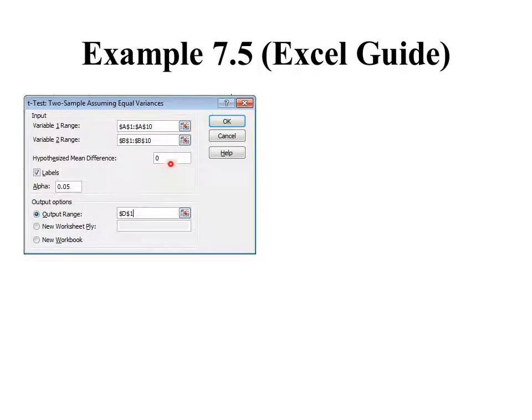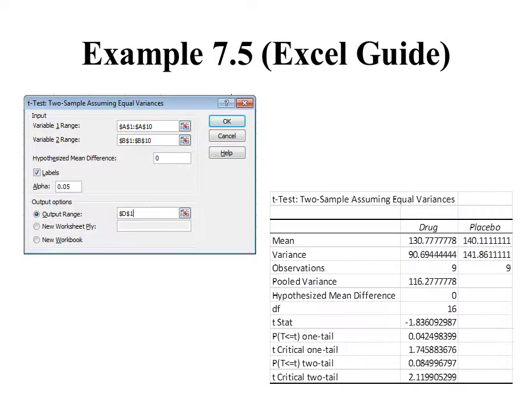Really, there is no number in the null hypothesis, so we'll just take that number to be 0. Choose this box labels, because we entered labels for our data, and then alpha is 0.05, that's our significance level. For output range, just select any blank cell. I chose D1, but there's nothing special about that. Then you're going to press OK.